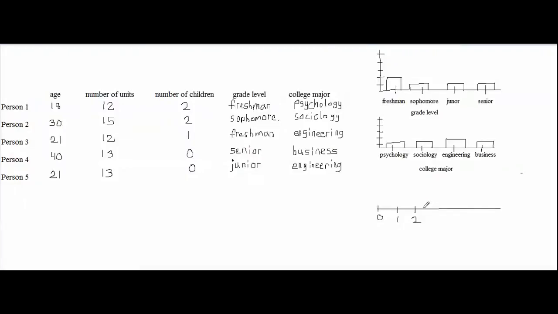So we don't even need this extra part of the number line out here. We can just stop once we pass the highest value. And then we'll create a y-axis for the frequency. I should probably move 0 over a little bit just so it's not so close over here.